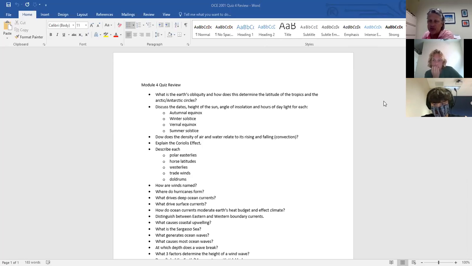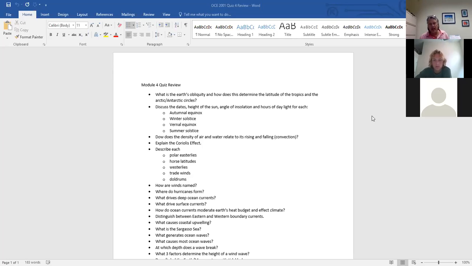So the Tropic of Cancer in the north is 23.5 degrees north, and the Tropic of Capricorn in the south is 23.5 degrees south. Anywhere in that range, the sun can be found directly overhead at some point during our trip around the sun. So more direct sunlight occurs in those tropics, and that determines the four seasons on our planet.